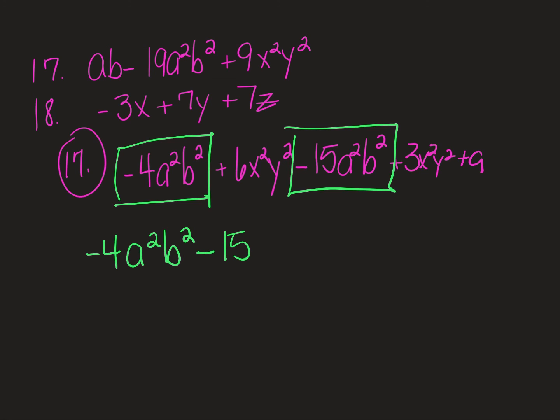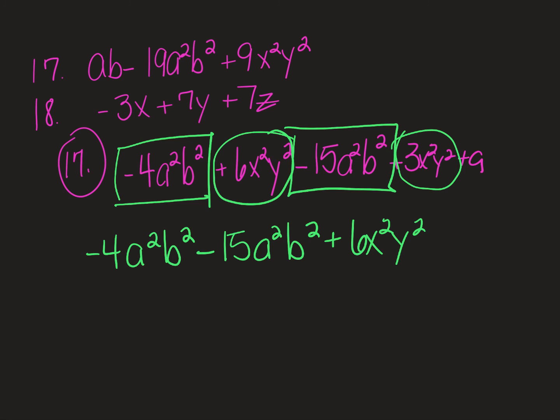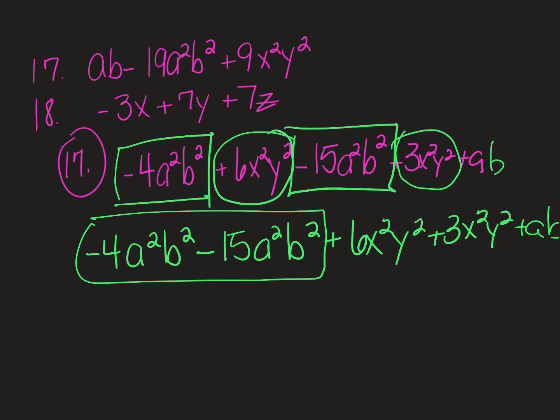I'm always going to use the sign in front of it. I also know I can combine this with this, which will be plus 6x squared y squared plus 3x squared y squared, plus, what was that last number, 9? Or AB. I messed up there, I left off B. Anyway, now I'm going to combine these two, which would be a negative 19a squared b squared.